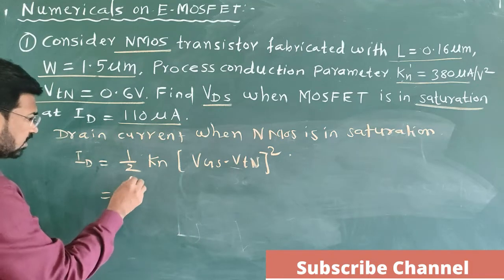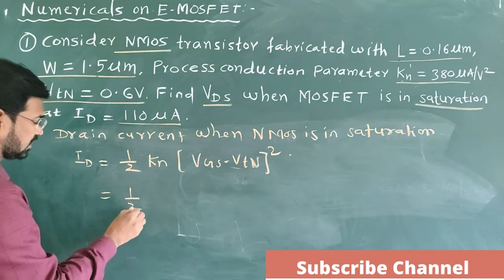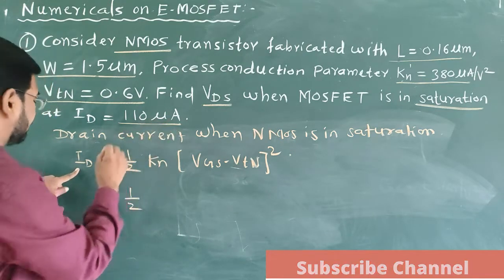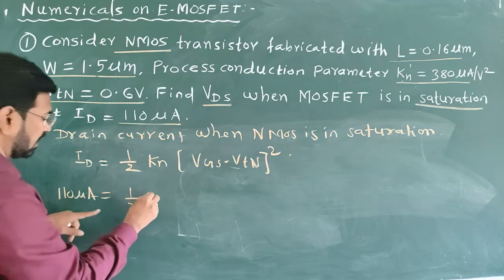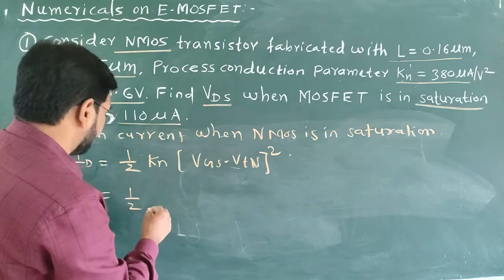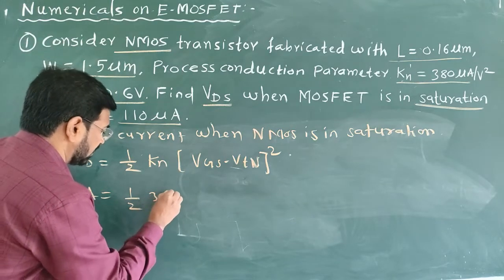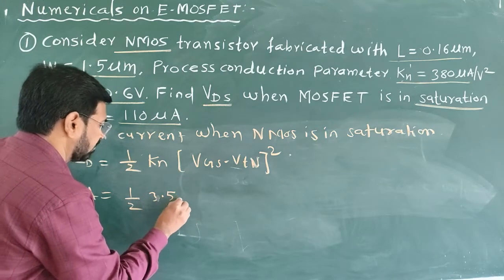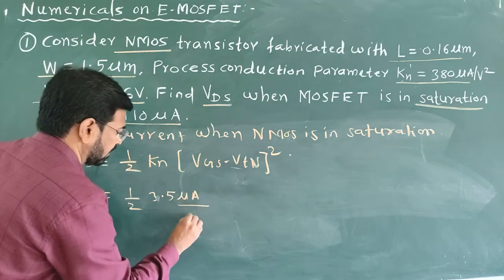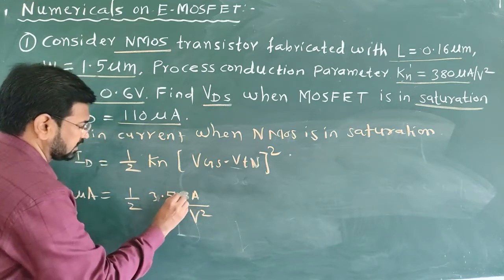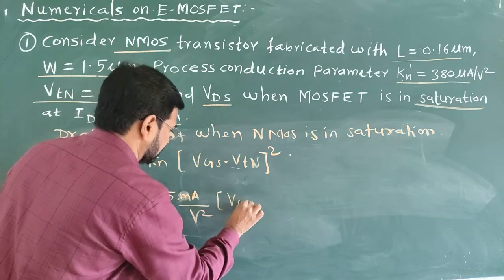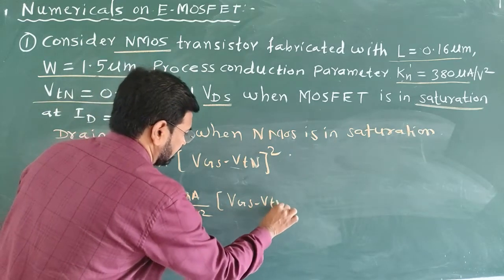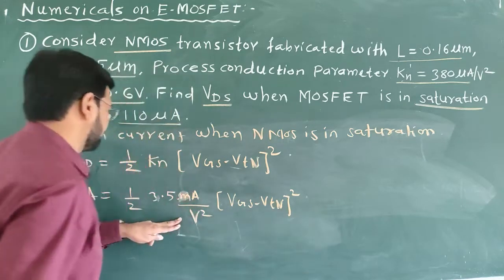If you put in all the given values, it is half, the drain current is 110 microampere, half Kn, where Kn is 3.5 milliampere per volt square, into (Vgs minus Vtn) whole square.